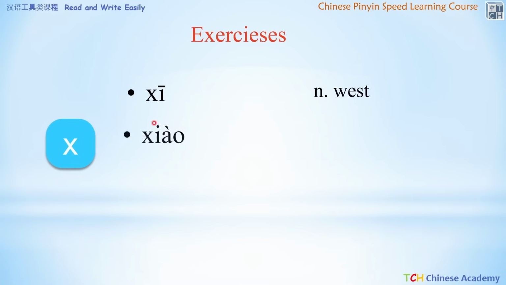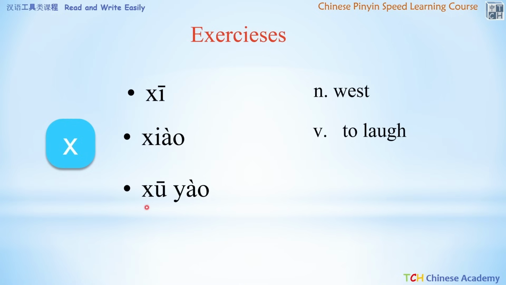And the second one, 西, and this IAO together as one final in Chinese pinyin, is 腰, but it's a falling tone. So 腰, together 西腰笑, that means to laugh. 笑.